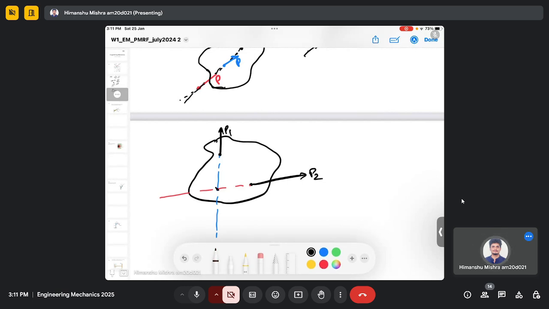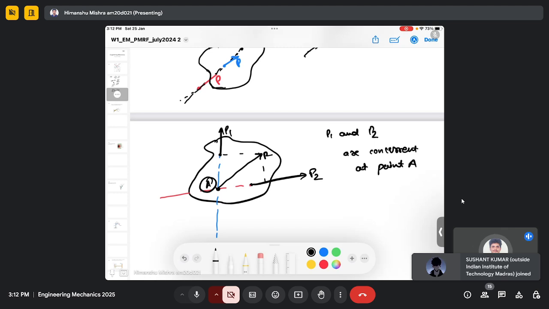Now you can see the lines of action of both forces meet at one point A, which means that forces P1 and P2 are concurrent at point A. So these are the concurrent forces at point A, and their resultant can be defined as R. So this is the resultant force.